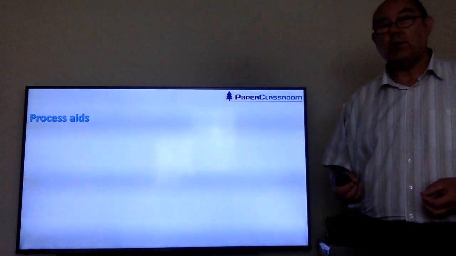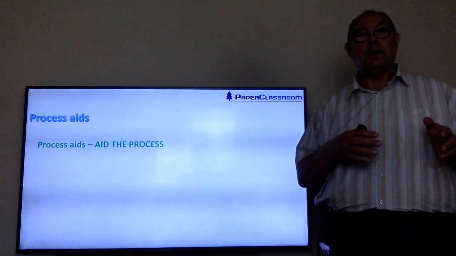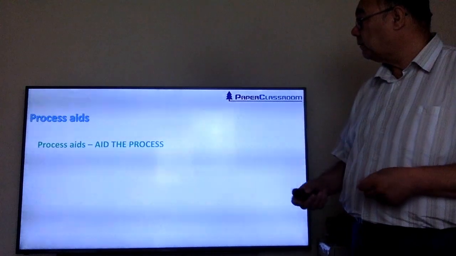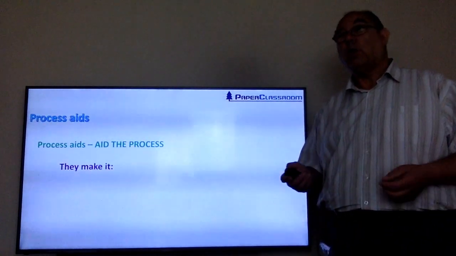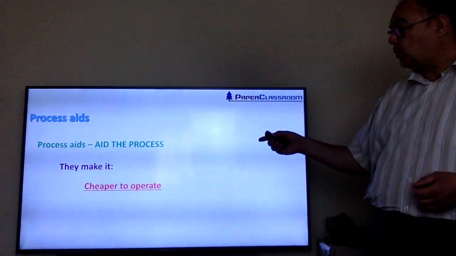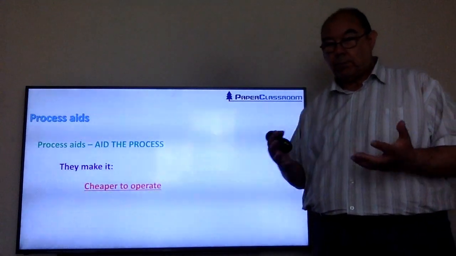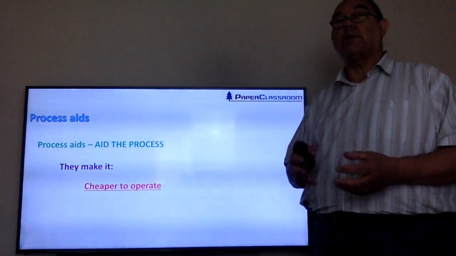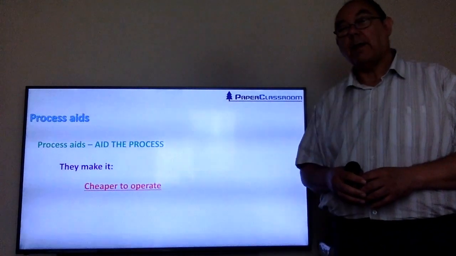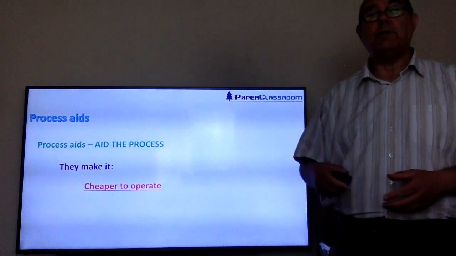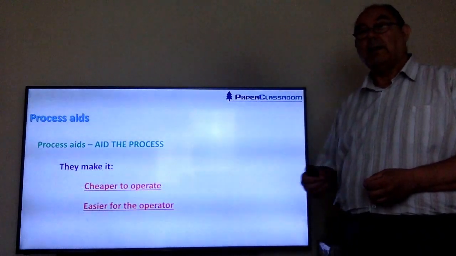Process aids, as I mentioned, they are there to help the process. They make the process cheaper for the mill, and they make it easier for the people who are operating the machine. So cheaper to operate. So process aids, for example, will prevent perhaps breaks, they'll prevent faults in the paper, they may help to retain chemicals and fibre in the sheet so it doesn't go down to the effluent plant, and easier for the operator.